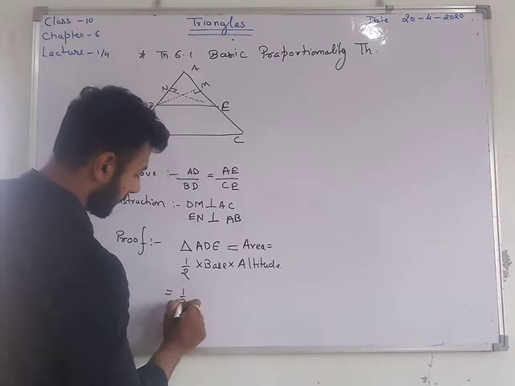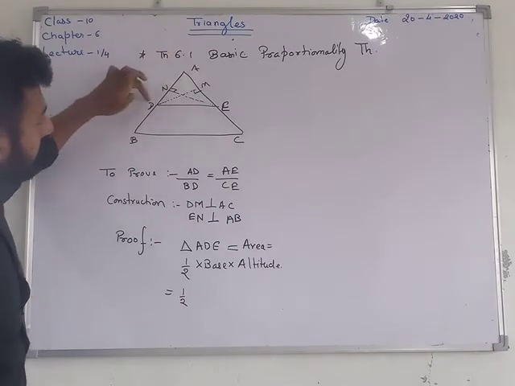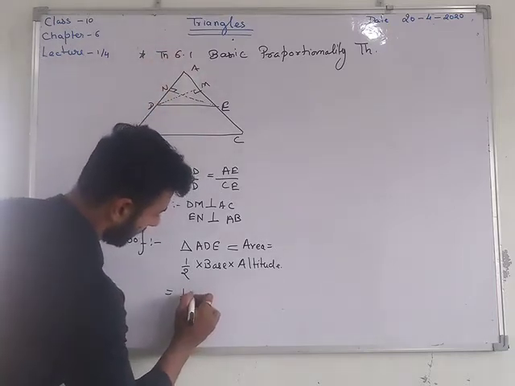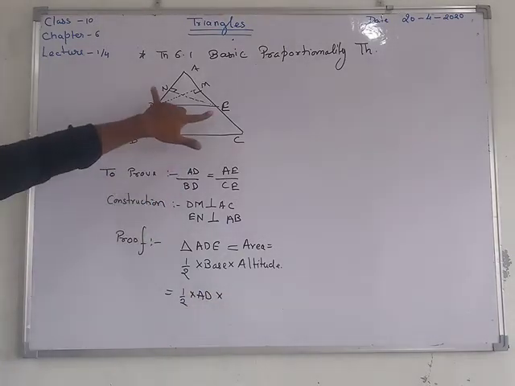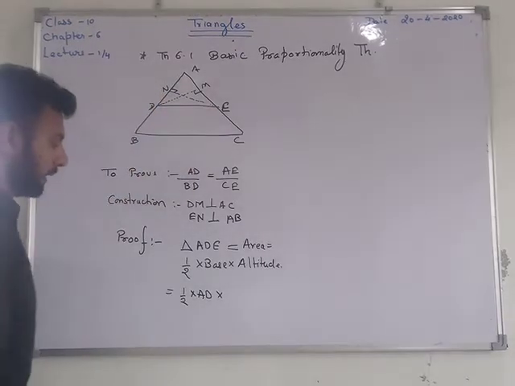So the area of ADE is half, base will be AD, into altitude, altitude is EN.